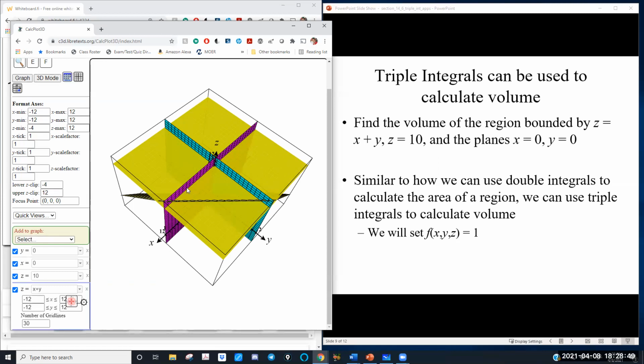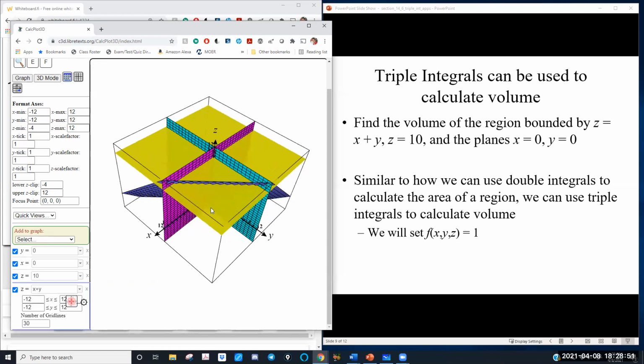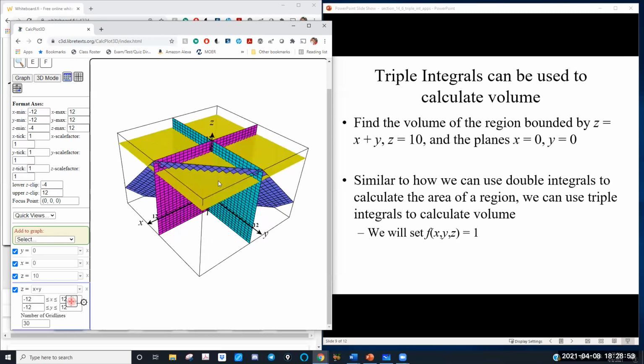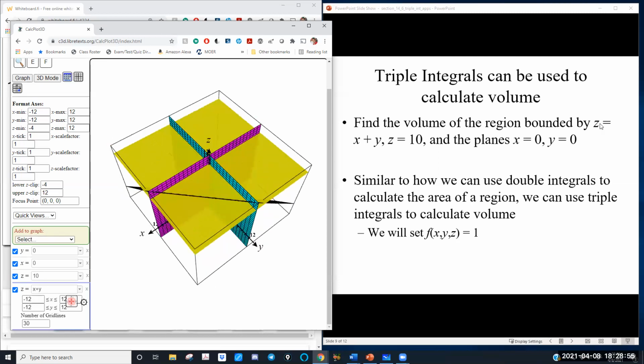But this line comes from the intersection of the purple and the yellow planes, which were x plus y and 10. So I have to set those two equal to each other to get the equation for that line. Did that help a little bit, Andre?